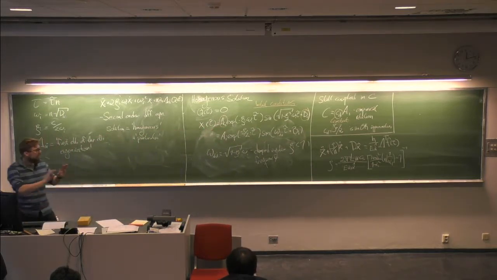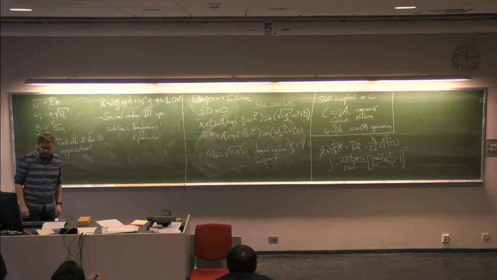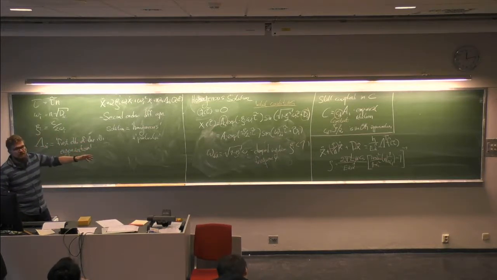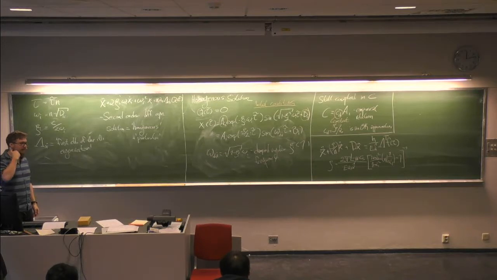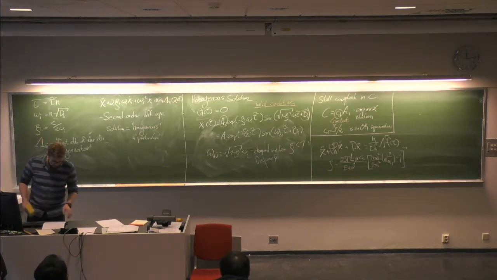So if you push really hard, AI is going to be larger. If you push soft, AI is going to be lower. And this B, that's basically the phase. That depends on if you start at time 0, push, then I guess BI is going to be 0. But if you wait and then push, then BI is going to be something else. It's just a phase term. Not just, but it is the phase term.